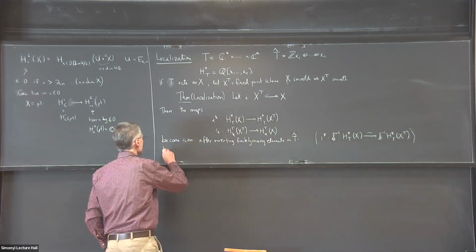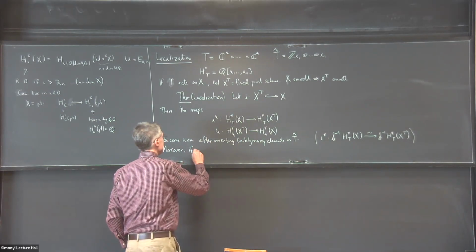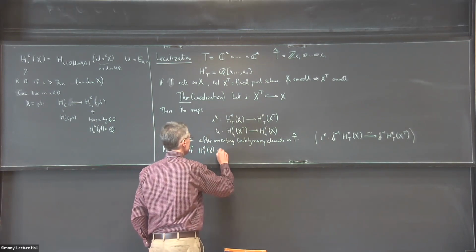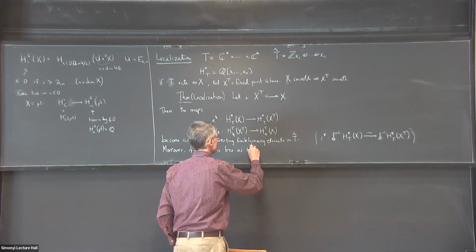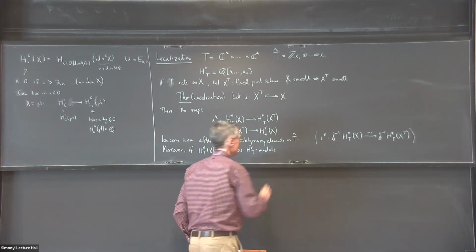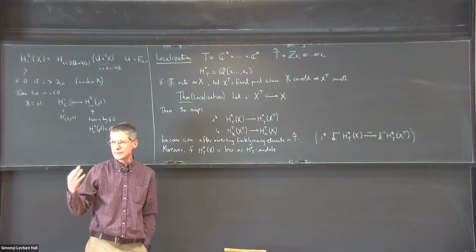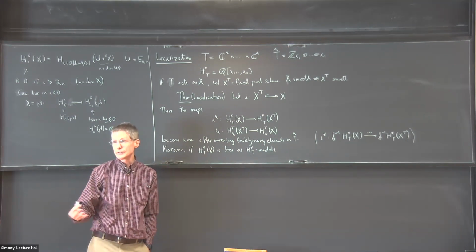And I'd say, moreover, if H star T of X is free as an H star T module, which, as I've mentioned, is true in most of the interesting examples we're going to talk about. It's true if X is smooth and projective. It's true if X has vanishing odd-dimensional cohomology in the regular case.